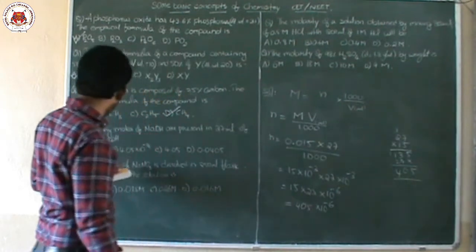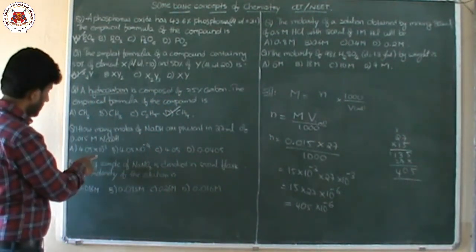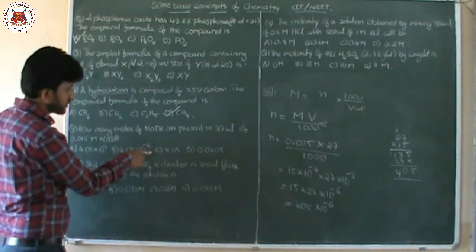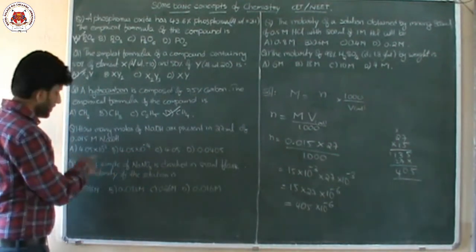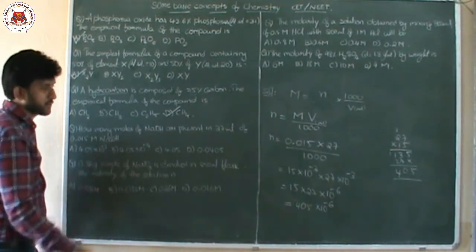405 into 10 power minus 6. In all the options it is 10 power minus 3 or minus 4, so if I shift the decimal point, I can get minus 3 or minus 4.